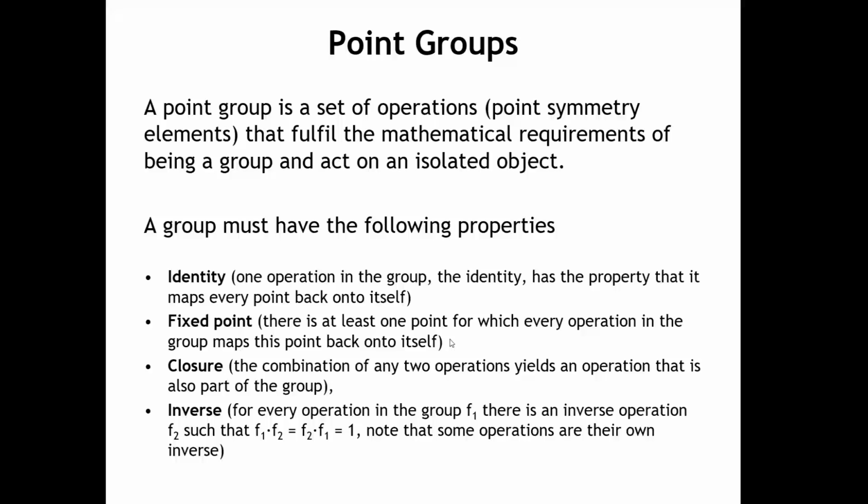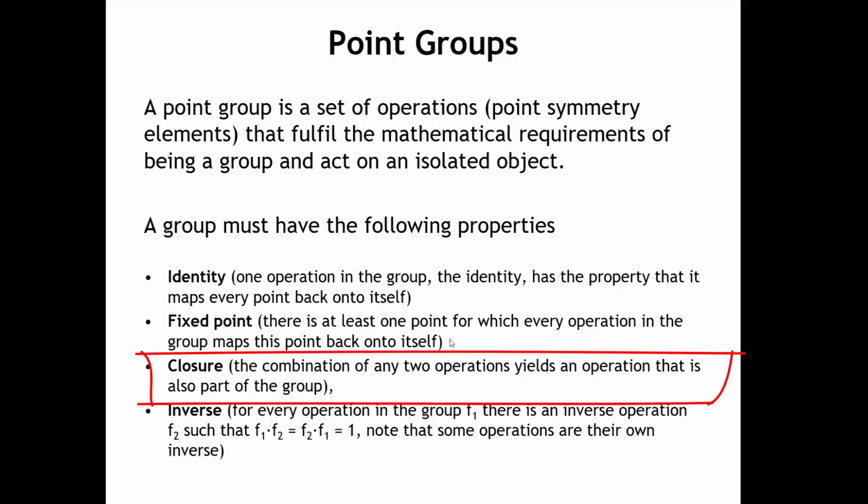And then the last 2 points here are probably the most important. A point group must have closure. And what that means is that if I were to manipulate an object with 2 successive operations, the way that object looks after those operations must be the same as another operation in the group that could do that same thing in one step. And we're going to take a look at that in some of the examples that follow.